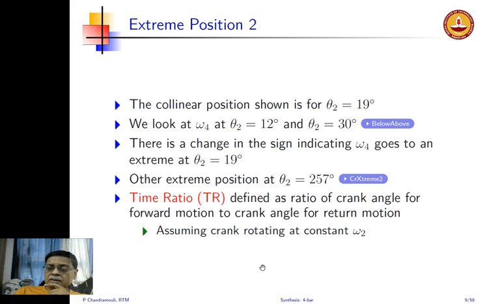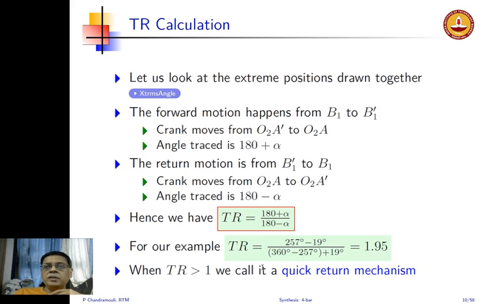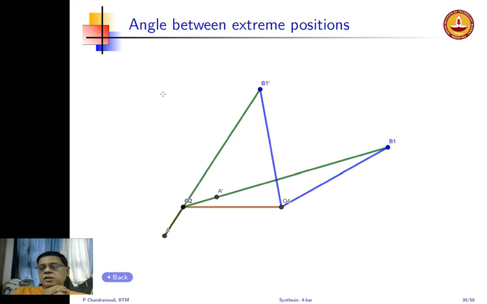Now how do I use this? If the time ratio is greater than 1, that's called a quick return situation. So let's look at these two extreme positions drawn together. The angle between the two green lines, between B1 O2 and B1 prime O2, is alpha.